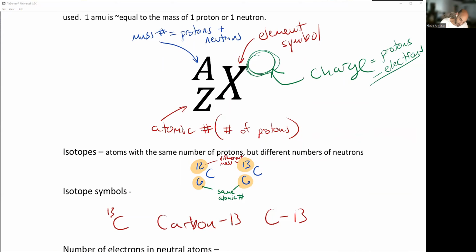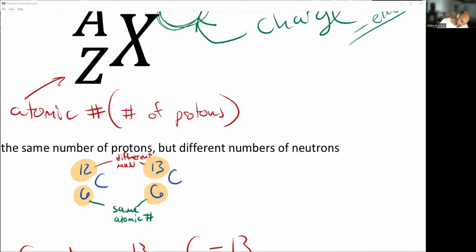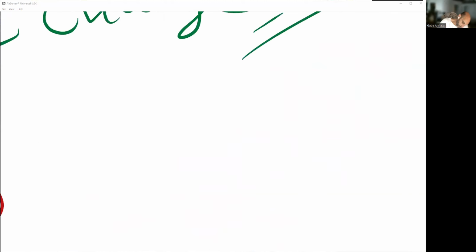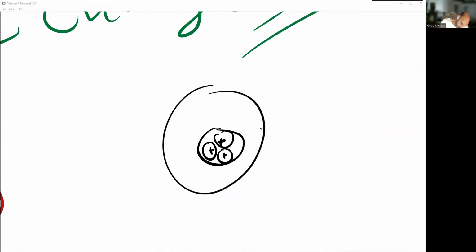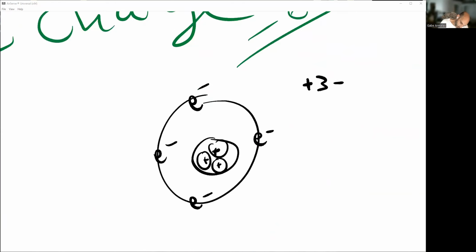So if I have a mass with 3 protons and 4 electrons, I have 3 protons minus the 4 electrons. Because electrons are negatively charged, the total charge is going to be -1. So this whole thing is going to have a -1 charge.